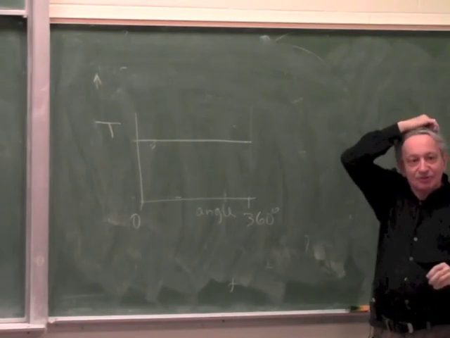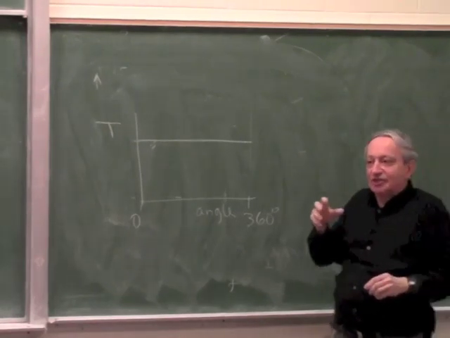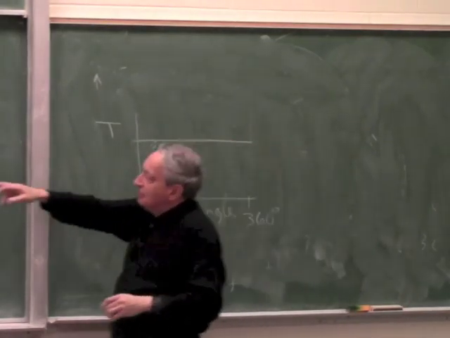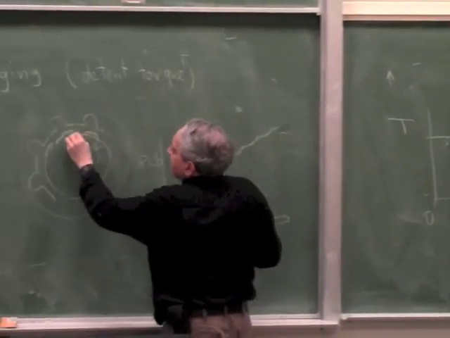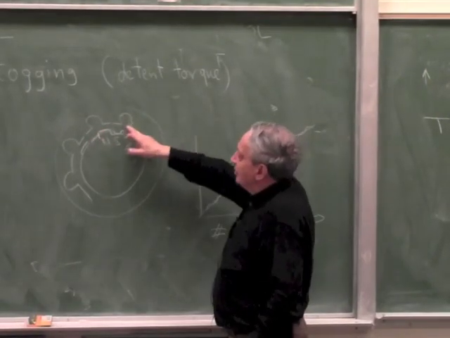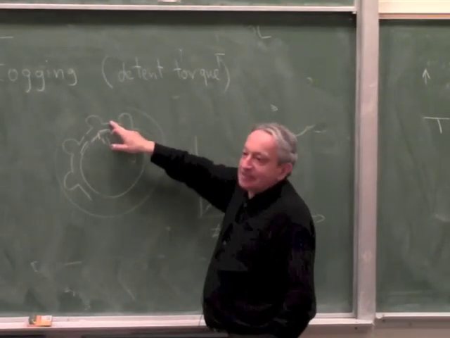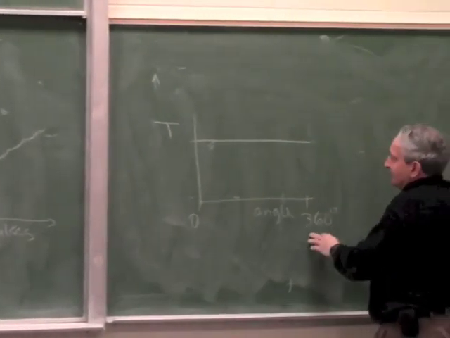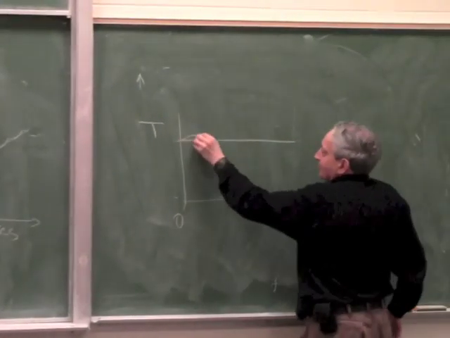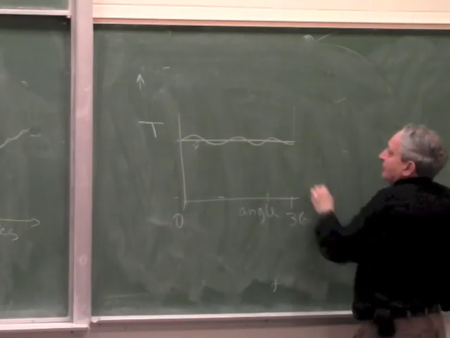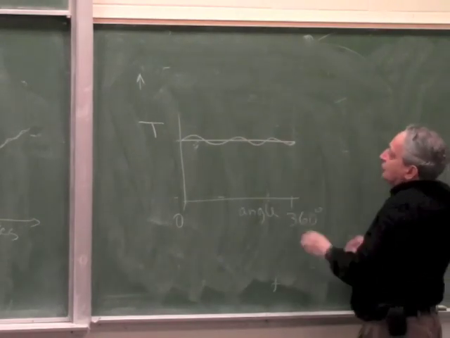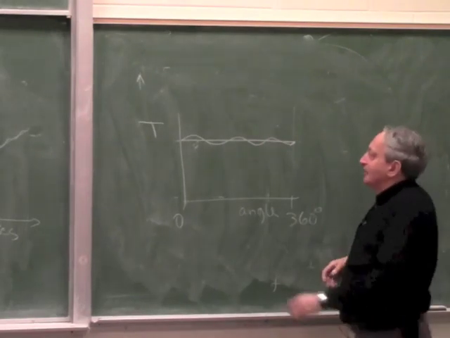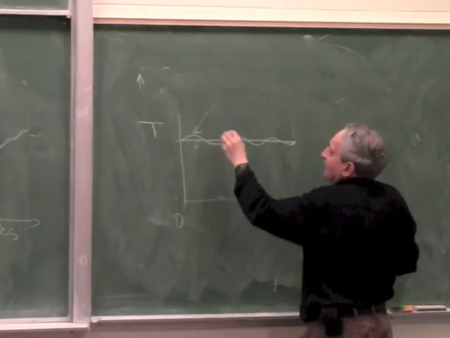But in most motors, the torque changes because at some positions the air gap is less, because you can imagine when these magnets align with the slots, there is more air gap than when the magnets align with the laminations. So in most motors, around 360 degrees, there is some kind of a thing like this. It has to come back to here, which usually is a number of poles inside. You can sense the number of poles. And this is called cogging.